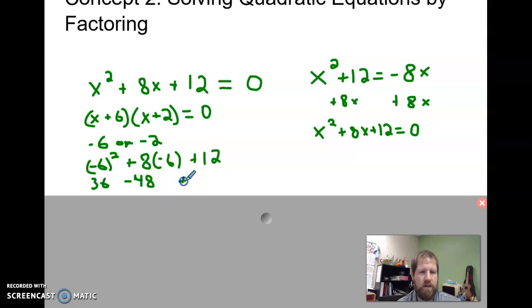And then plus another 12. Well, if I add 12 to 36, I get 48. So this does equal 0, and that is a solution. So you can always check your answers just by plugging your values back into your original equation.